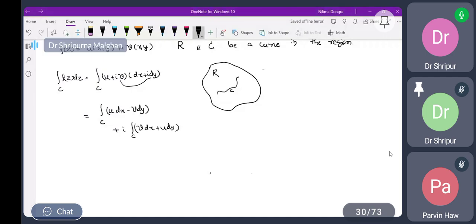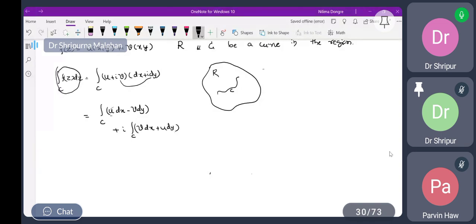So I'll try to explain that. On the left hand side we have, please remember, evaluation of a complex valued function, or you can say integration of a complex valued function. But on the right hand side, note u dx minus v dy, v dx plus u dy, which means that u is a function of x comma y, v is a function of x comma y.